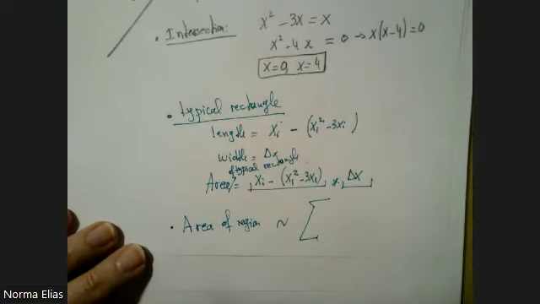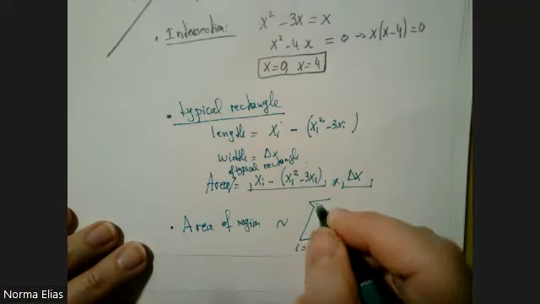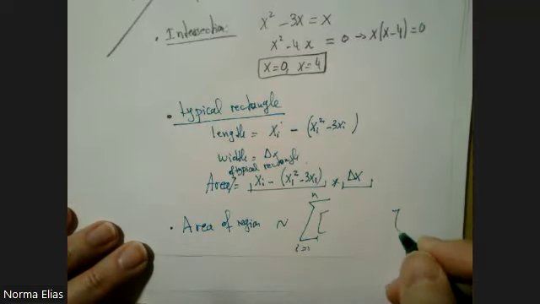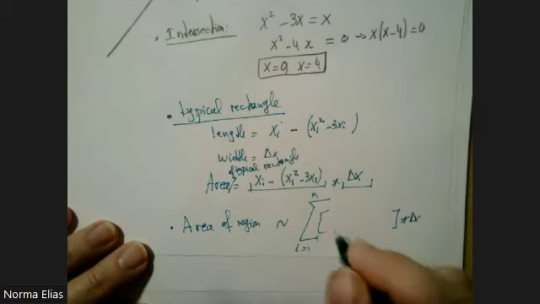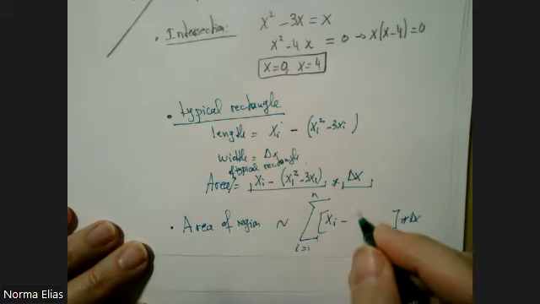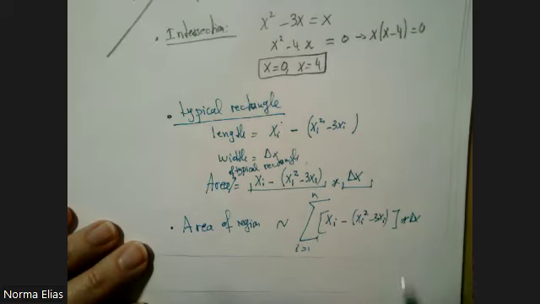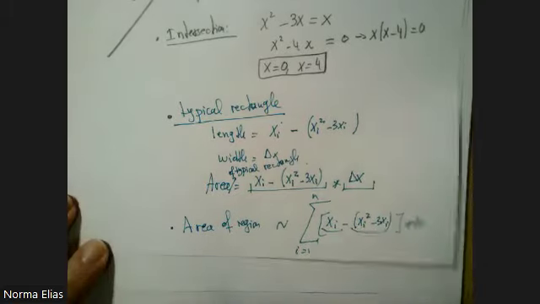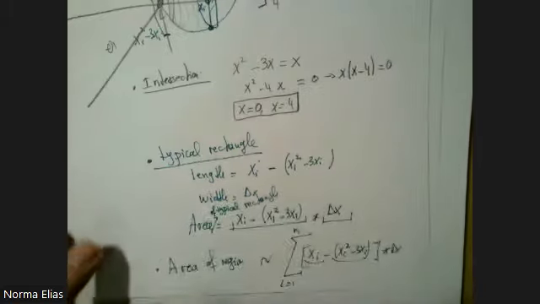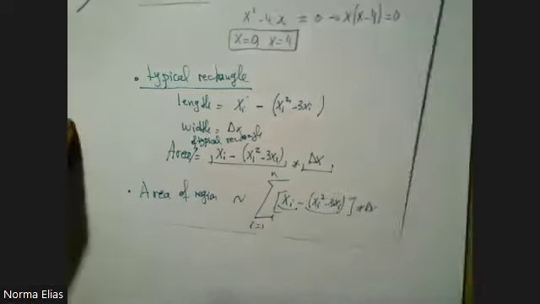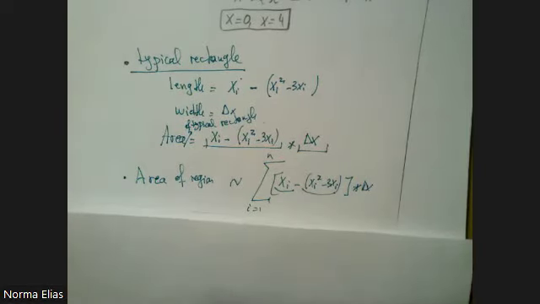That's when I'm writing this sum. I'm not simplifying, just to remind you what I'm doing. The upper value minus the lower value times delta x. And finally, the area.